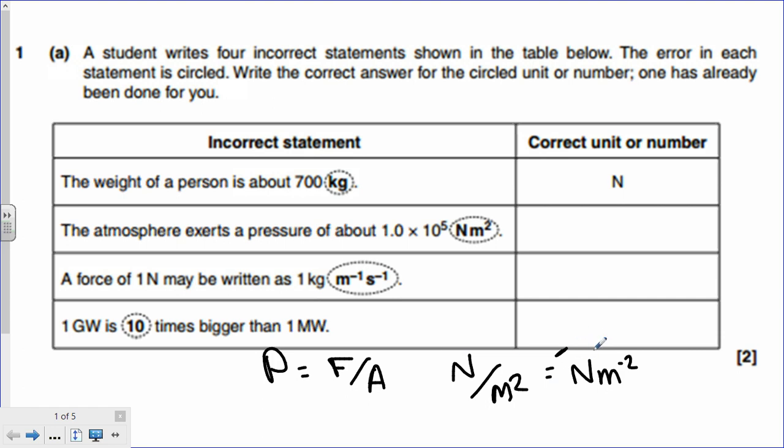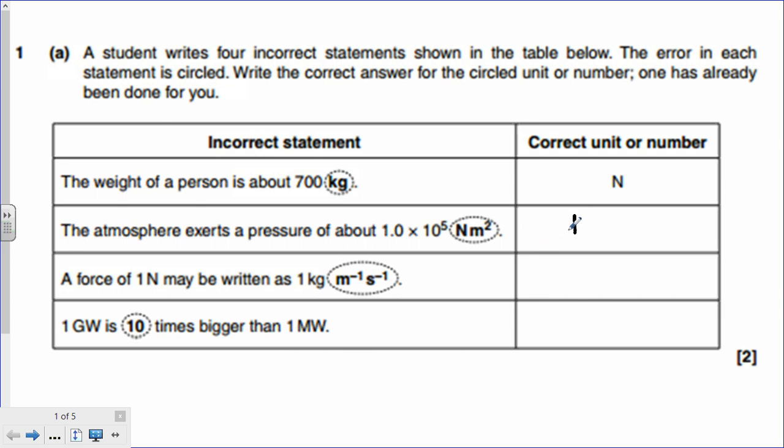It's just this second way is a better way to write it. So it's not newtons times square meters, which is Newton meters squared, it's newtons per square meter. And that minus is very important. If you miss that minus off, you're implying pressure is Newton meters squared, which is newtons times square meters, or force times area, but it's force divided by area.